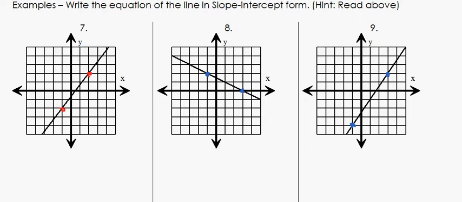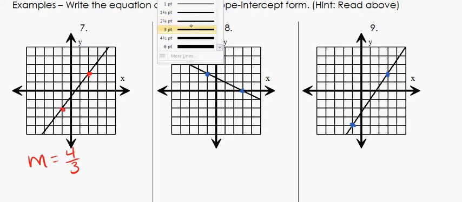In example 7, we first want to calculate our slope. When we calculate the slope, we're going to just count rise over run. So we rise 4, run 3. Then you want to choose a point to work with. And you want to choose again what would be considered an easier point.